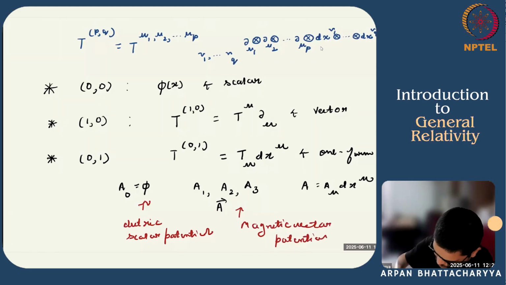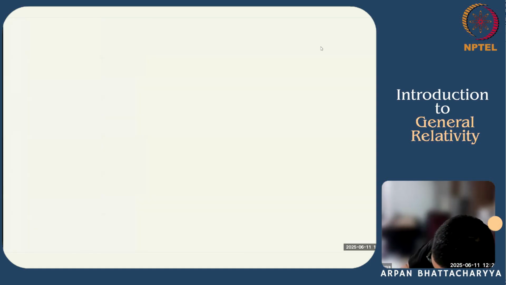Again, we will come back to this when we try to write down Maxwell's equations in terms of these languages of tensors and so on. Okay, and then what about the (1,1) rank tensor?